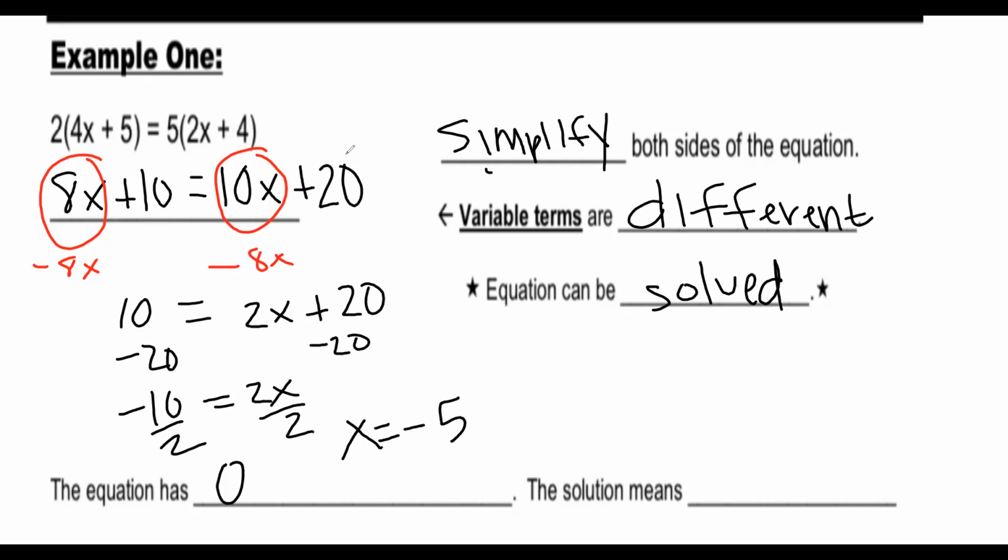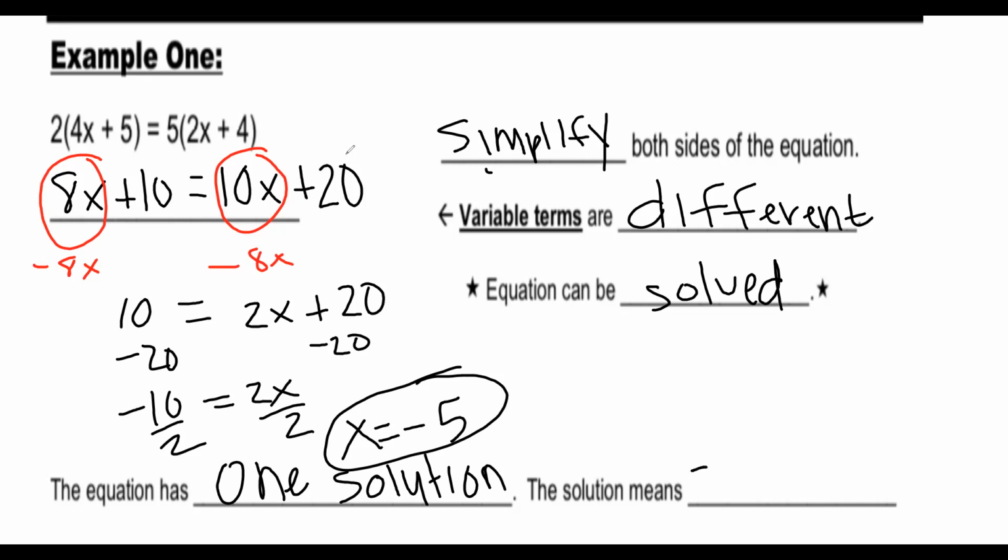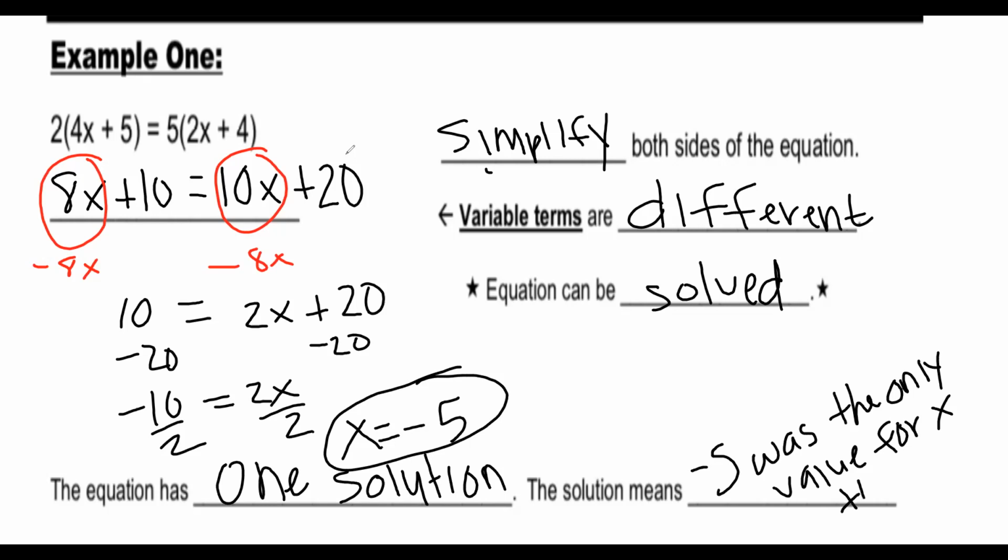The equation had one solution, and that meant that negative 5 was the only value for x that made the equation true.